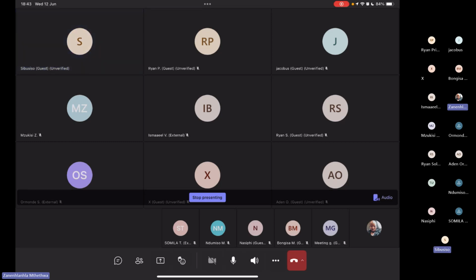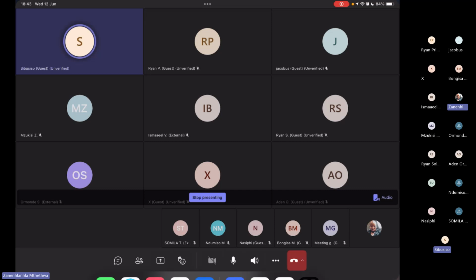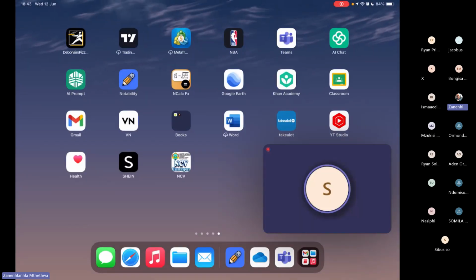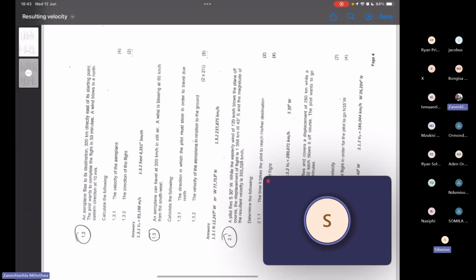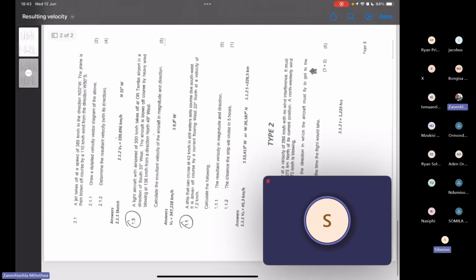When I look at the memo, I see there's a cos theta there. I didn't know where they took that formula from, because I didn't see it on the formula sheet.